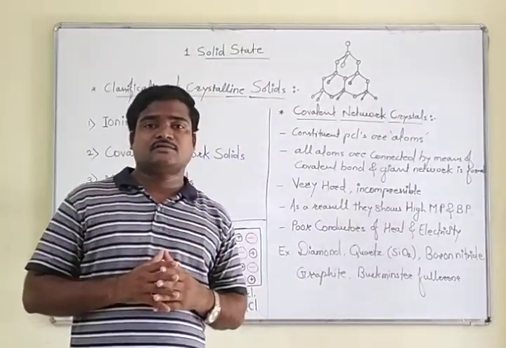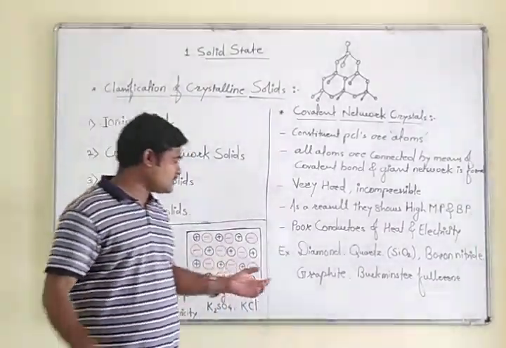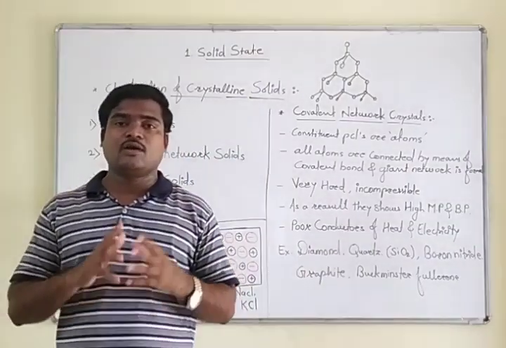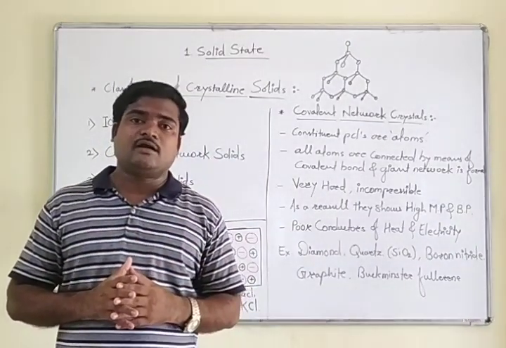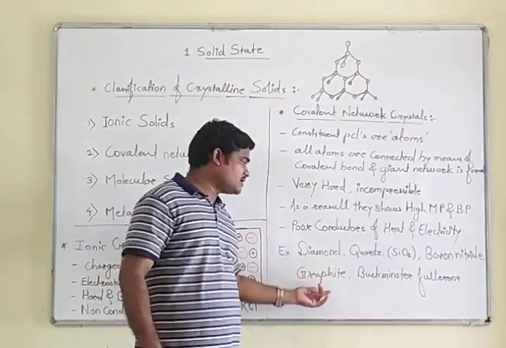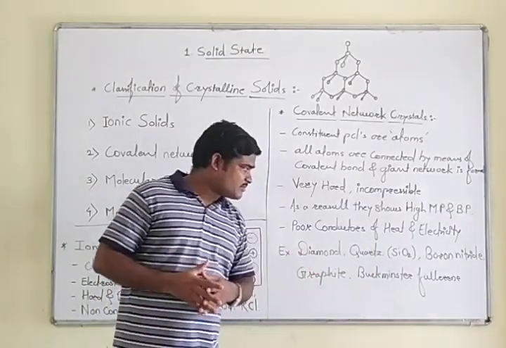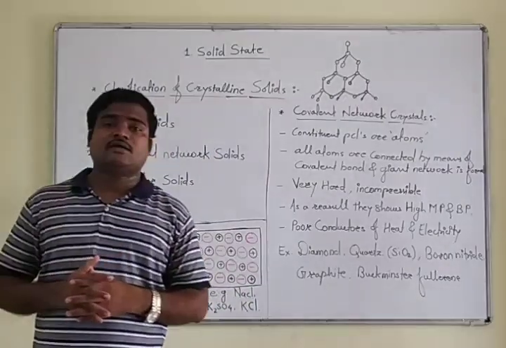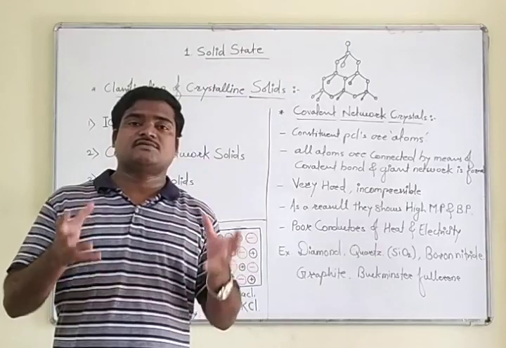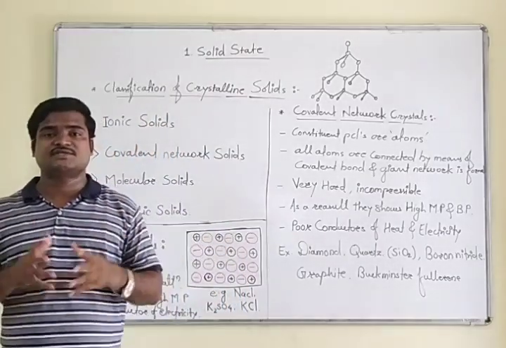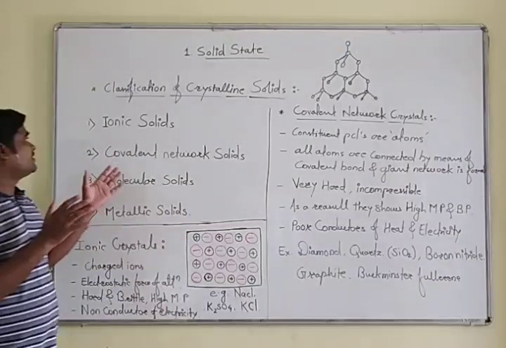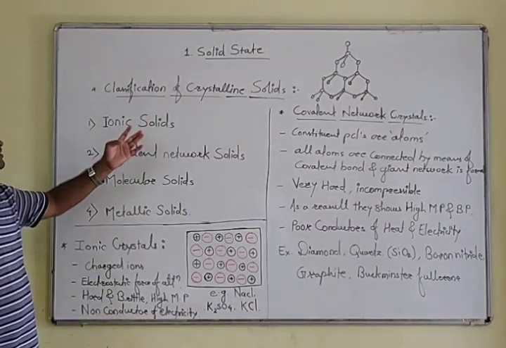Graphite is also a covalent network crystal, and a layered structure is present in graphite. And Buckminster fullerene, also called a buckyball, is formed by the joining of 60 carbon atoms.